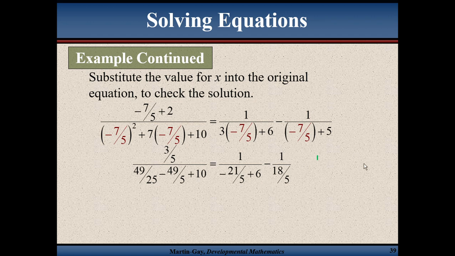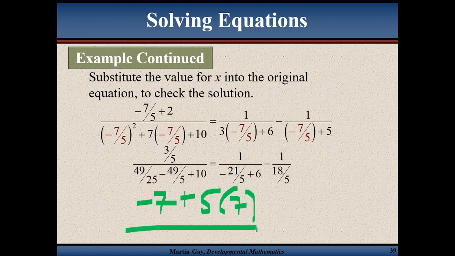Okay. So, ito, negative 7 plus 5 times 7 all over 5. 5 times 7, 25 plus 25 over 5.